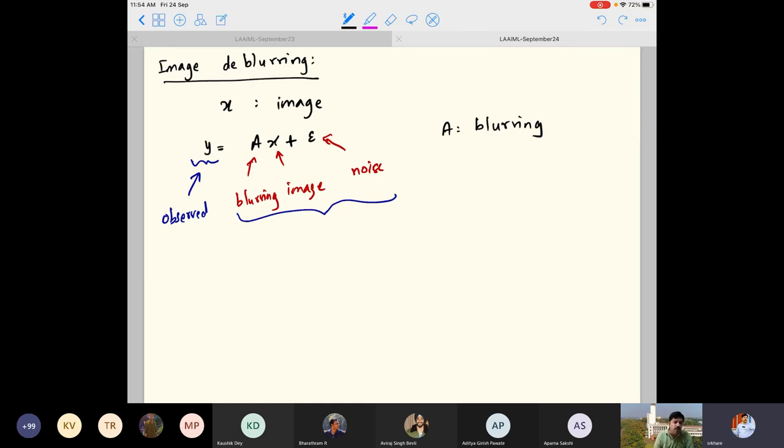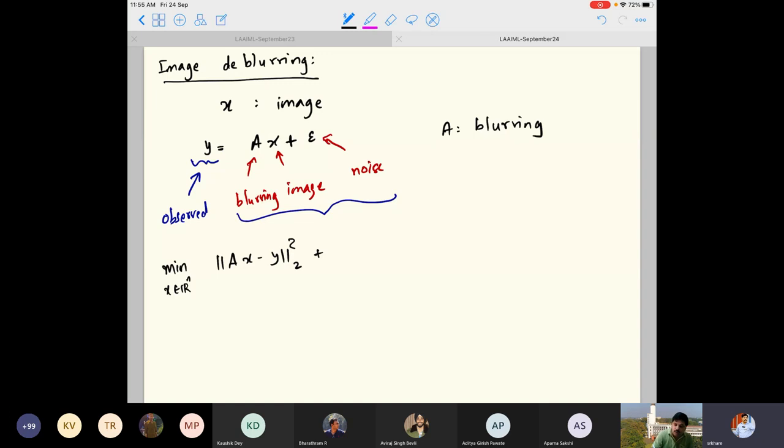Then what will you really do? You want to minimize ||Ax minus y|| whole square, because you are trying to recover the image. But there is some restriction on the image also.